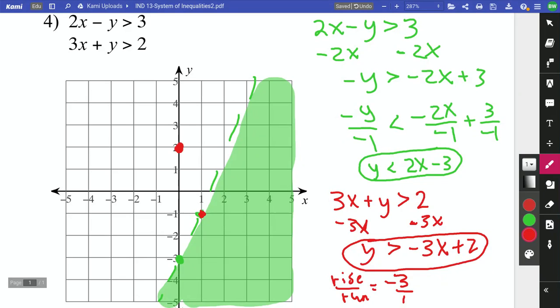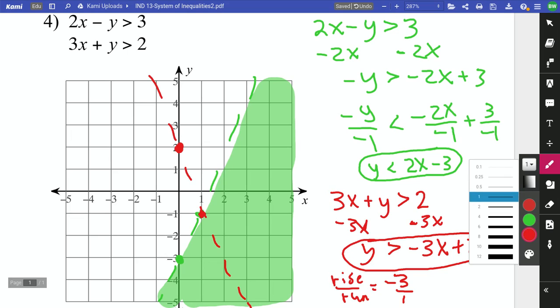This one's also a dashed line because it's not or equal, it's just greater than, right? So we want that dashed line connecting them. Okay. So which side do we shade? Remember, we look at this to see which way to shade, and we shade above.